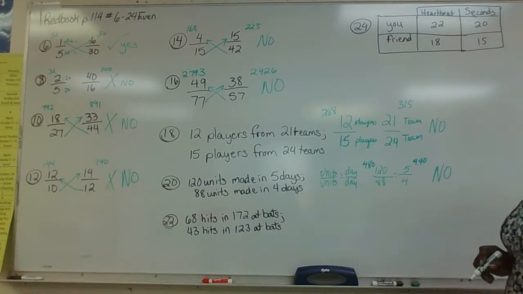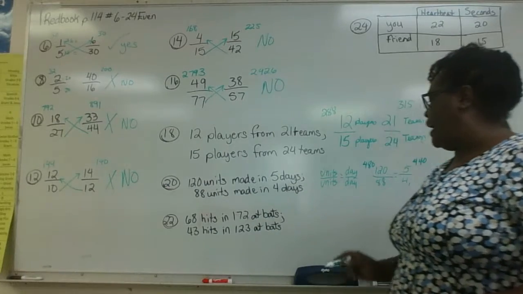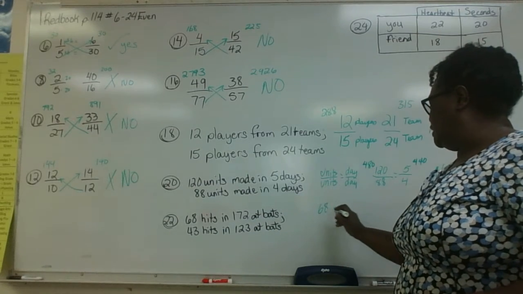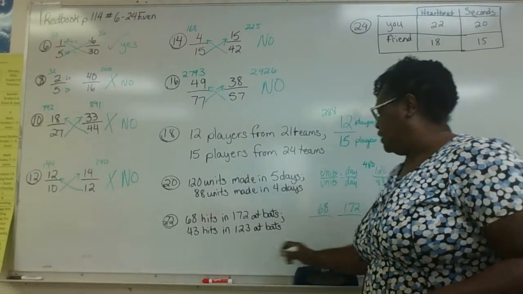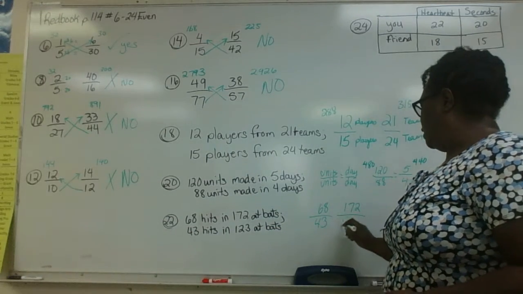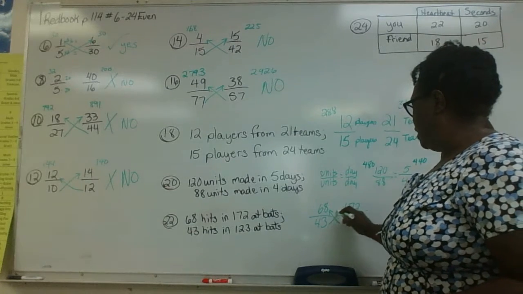Okay, then we have 68 hits to 172 bats, 43 hits to 123 bats. We want to use cross product.